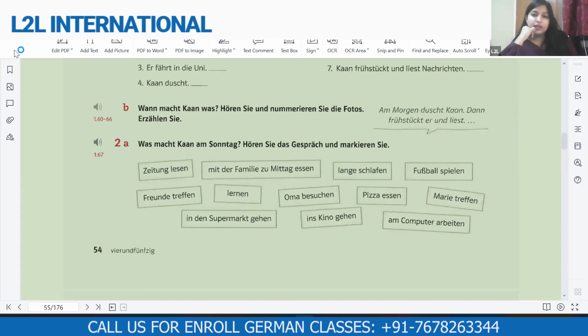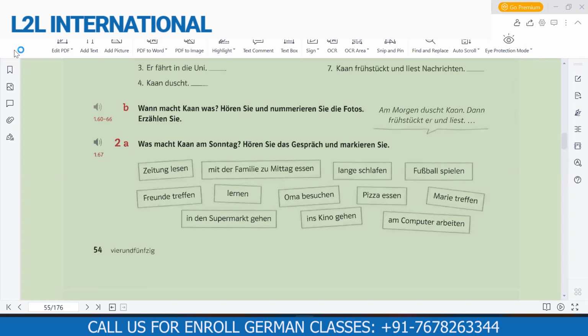Okay, Samriddhi, read all the activities that you have here. Zeitung lesen. The pronunciation for reading is lesen.